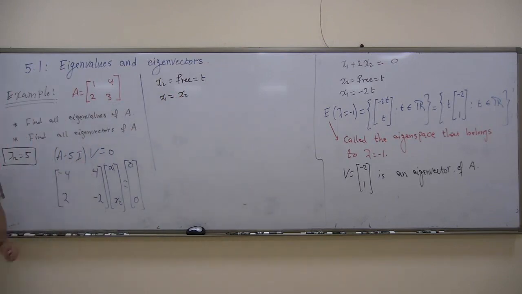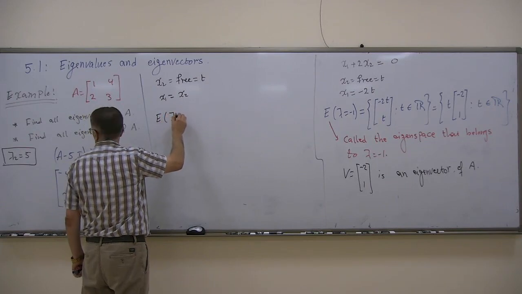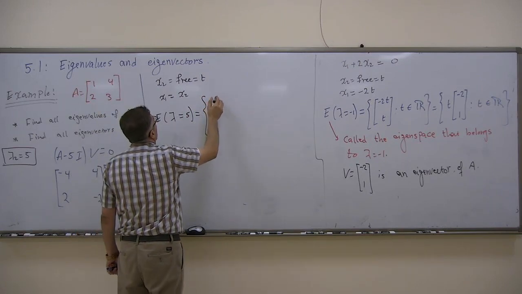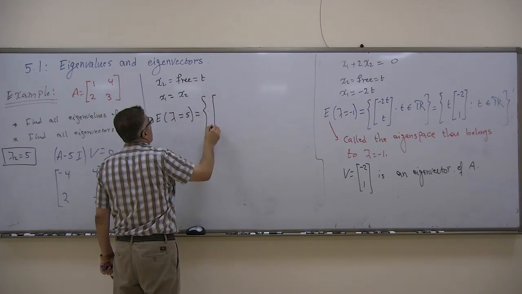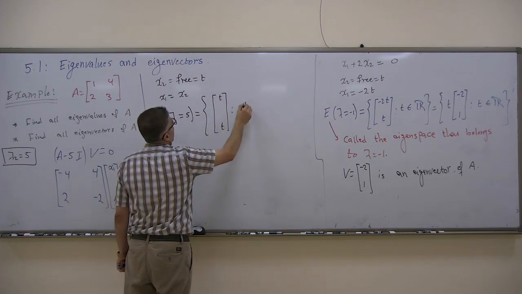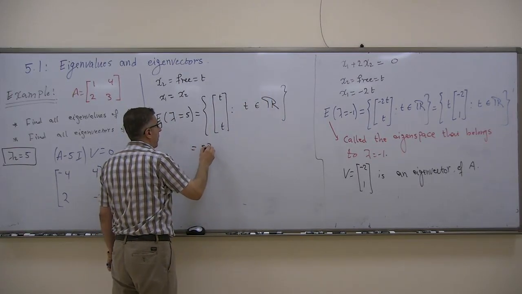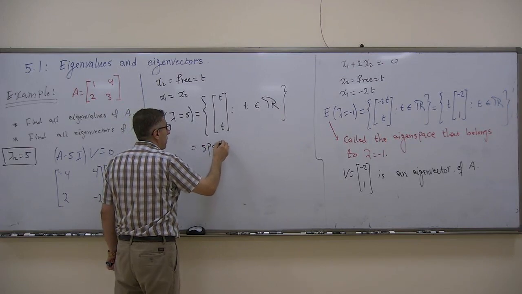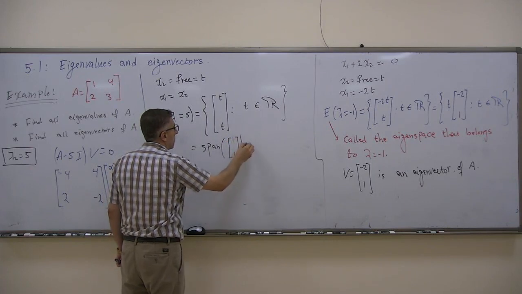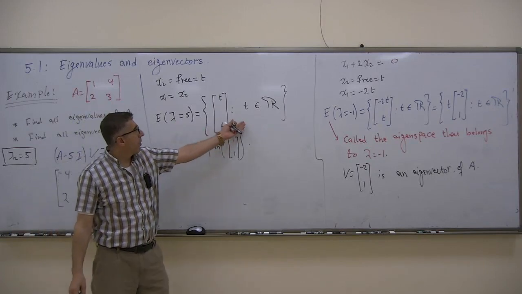Am I correct? All right. So here, the eigenspace that belongs to lambda equals 5 is t and here t, such that t belongs to R. And that is the span of what? Span of this vector, 1, 1. So here is the eigenspace, and we know a basis for this eigenspace.